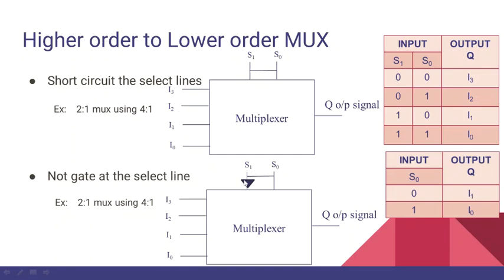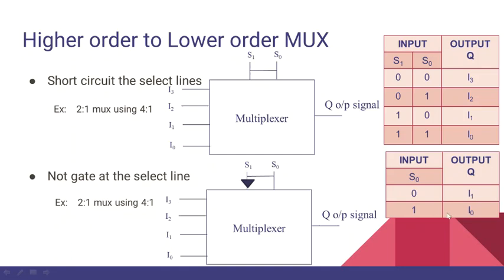Next is by using a NOT gate at the select line. When the select line of the 2:1 multiplexer is 0, here we will have 0 and here it will be 1. So 1 0, and I1 is the output. So we will give the I1 of the 2:1 multiplexer to the I1 of the 4:1 here.